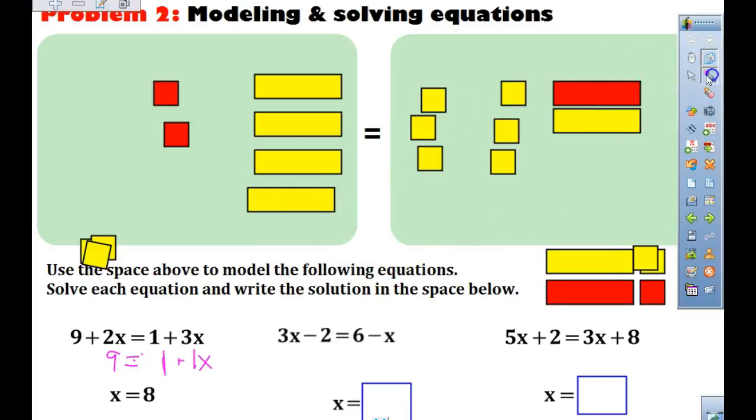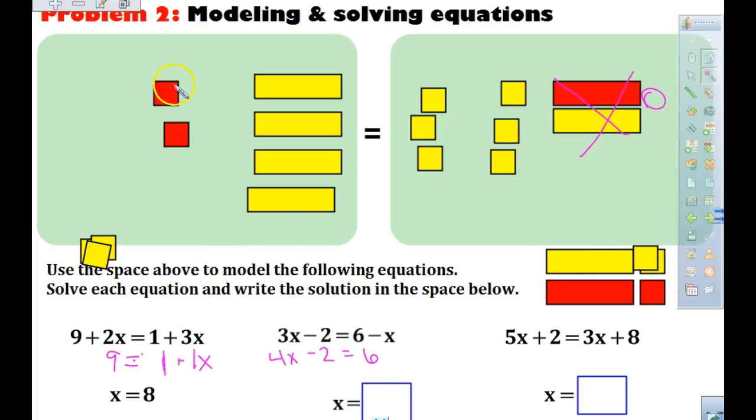Because at this point, this gives me 0, right? So I now have 4 x's equals 6. Write it right below here: 4x minus 2 equals 6.